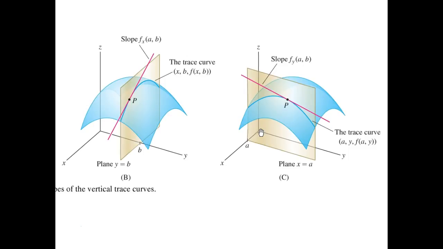Now, if you take the partial with respect to y of that function, with x being a constant, and at this point x is equal to a, it's not changing any, then here's the plane where x equals a.